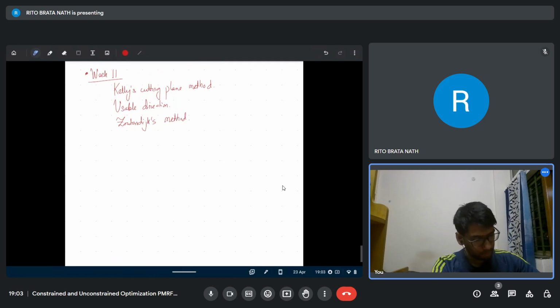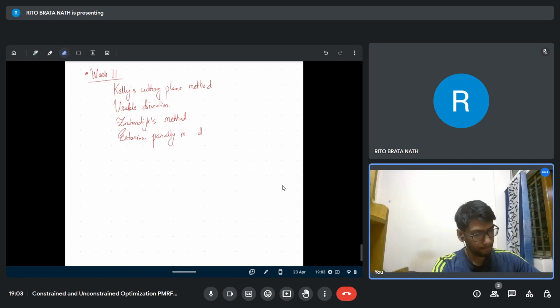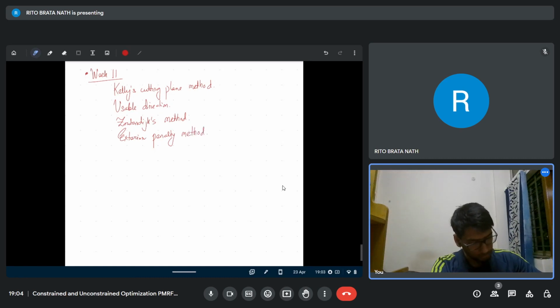Then there were discussions on the exterior penalty method, the penalty term and penalty parameter, so both properties of that.